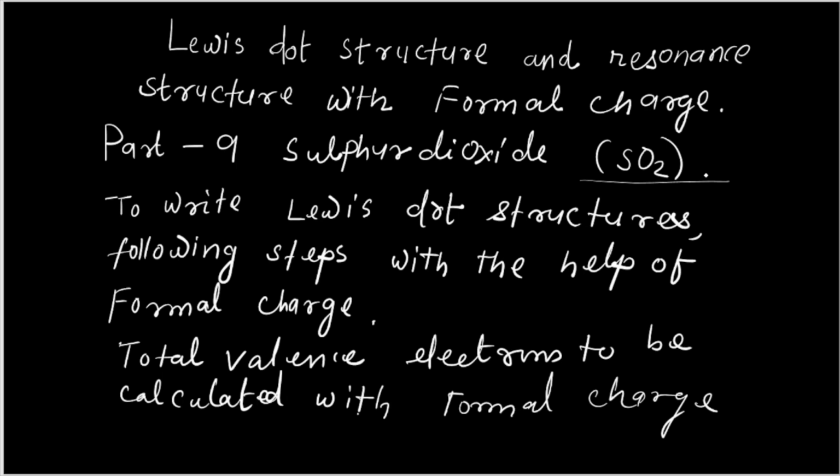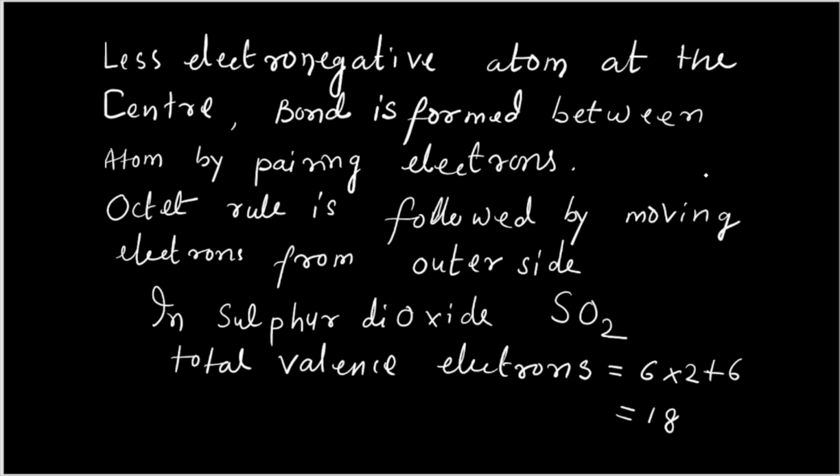Calculate the valence electrons. How do you know what the valence electrons are? The electrons in the outermost shell are called valence electrons. Here, first we will see the valence electrons of both sulfur and oxygen.